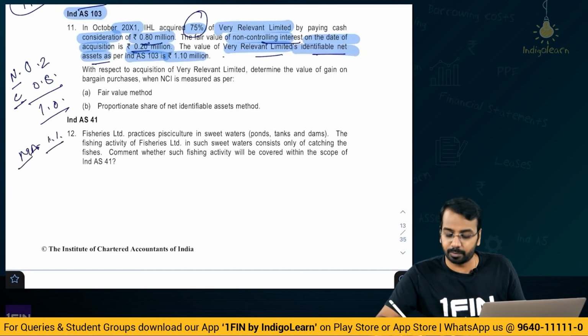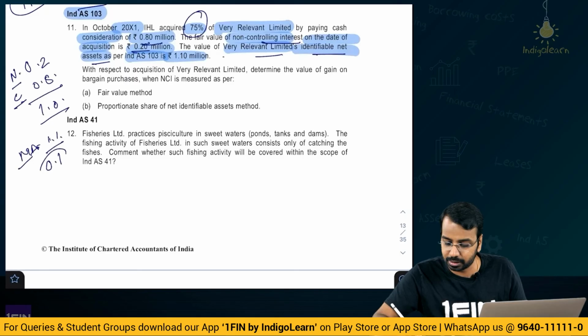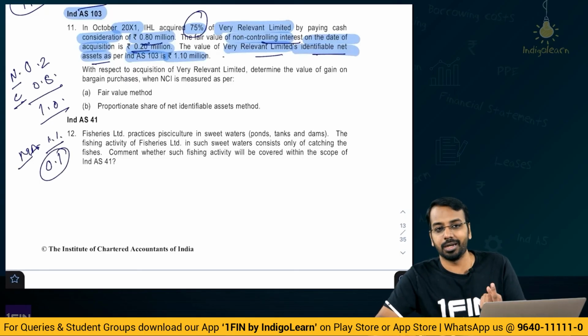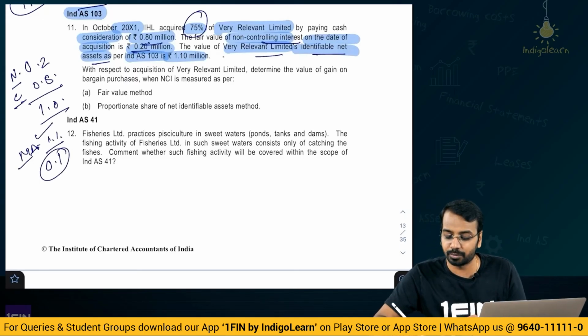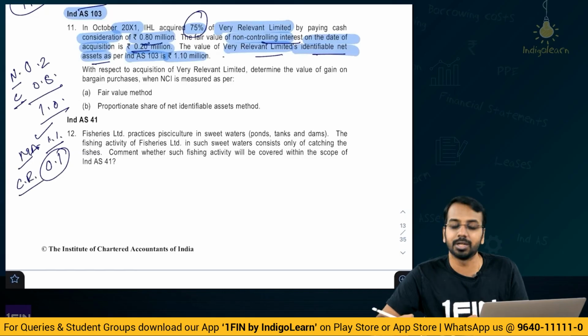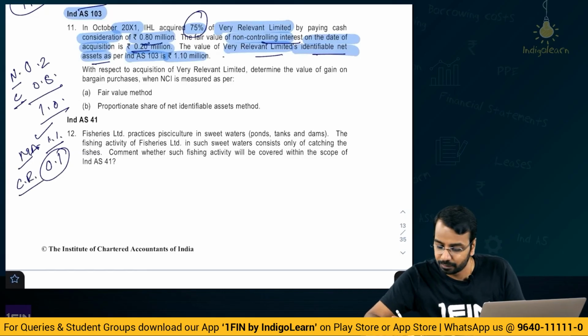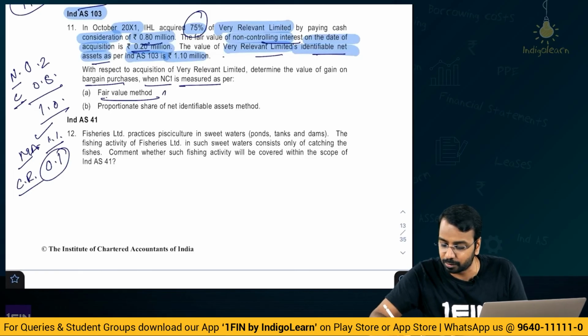Now 1 minus 1.1, 0.1 is what? See, you have paid 1, you have got assets worth 1.1. So this is a capital reserve of 0.1. With respect to acquisition of Very Relevant Limited, determine the value of gain on bargain purchase when NCI is measured as per fair value. So fair value if you measure, you get 0.1 of gain.